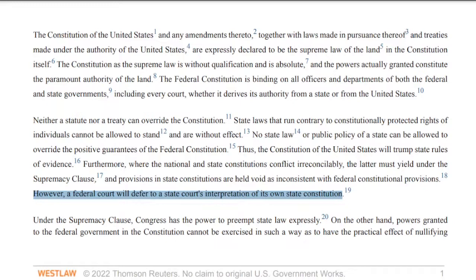So here's an important aspect I wanted to point out, that a federal court will defer to a state court's interpretation of its own state constitution. So let's think about this for a second.